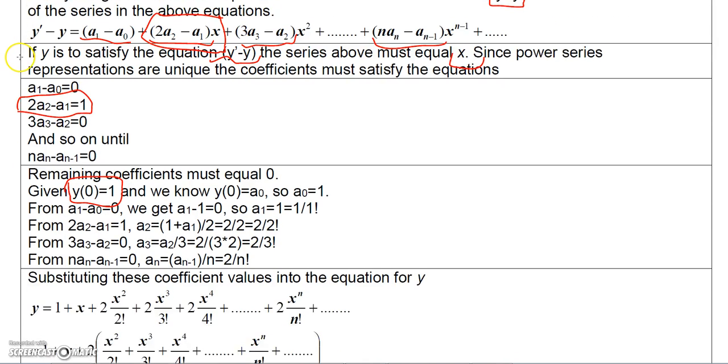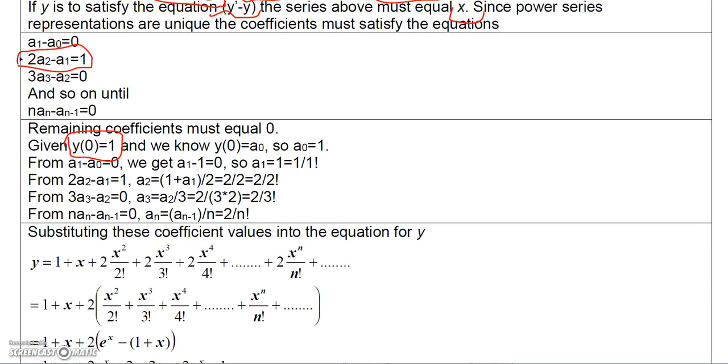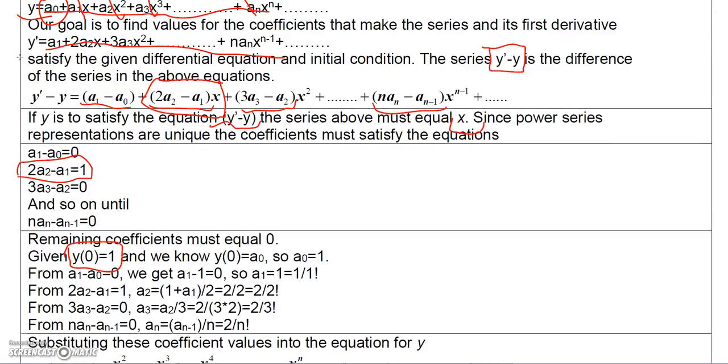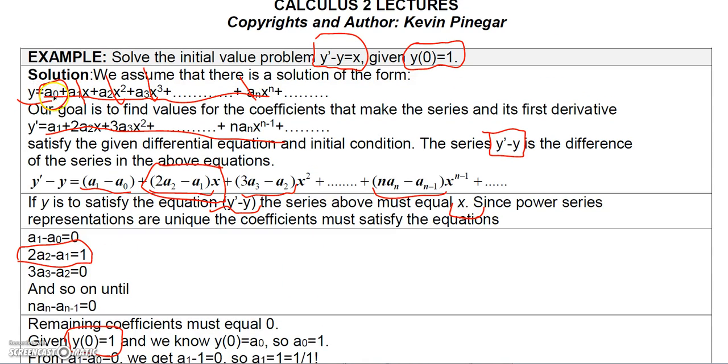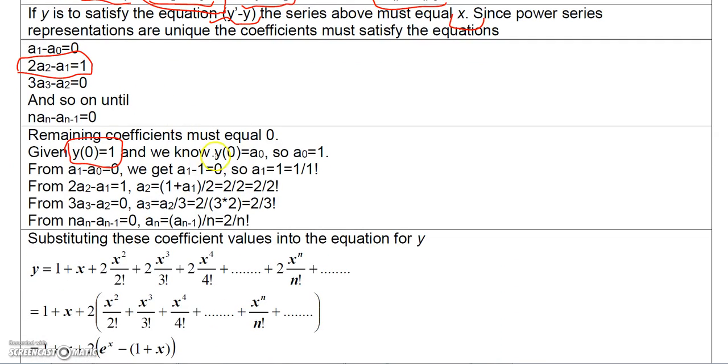So since y of 0 is 1, and up here we know y of 0 is a naught, that would tell us that a naught is actually equal to 1. And then from this first equation, since a naught is 1, we get a1 minus 1 equals 0, so a1 would equal 1. And actually I'm going to write that as 1 over 1 factorial, and you'll see in a minute why.